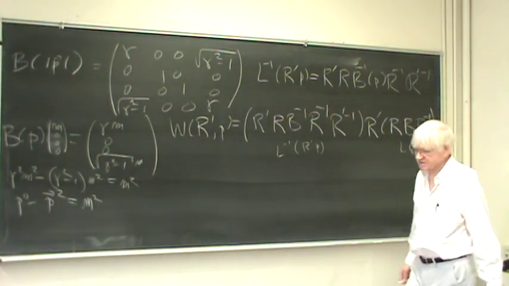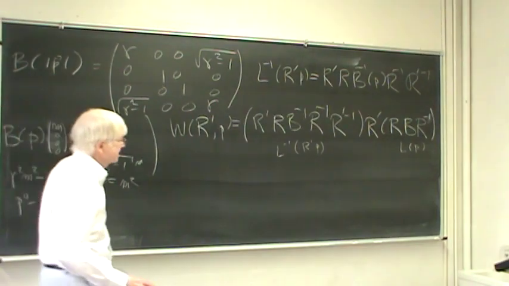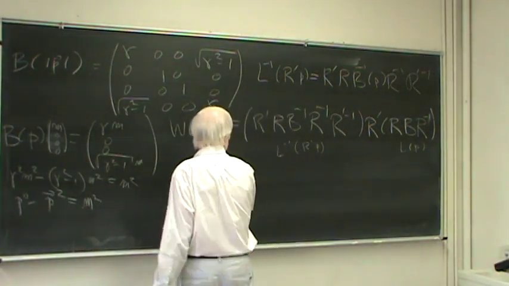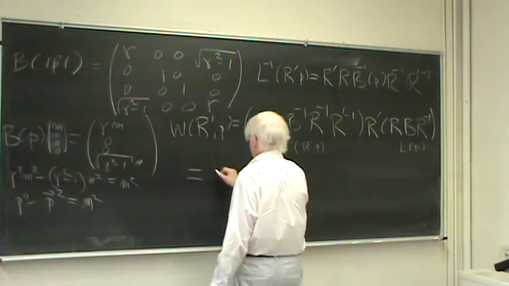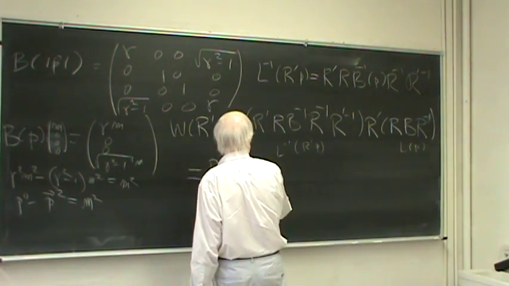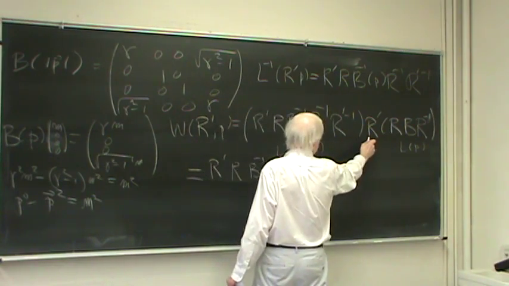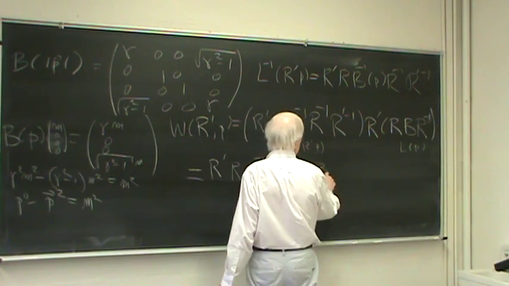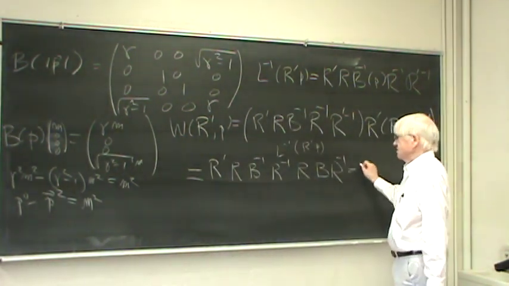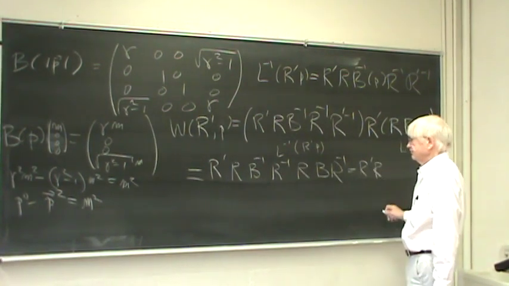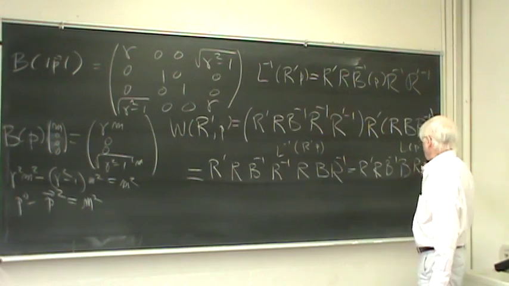But now what we see is a cascade of cancellations. First, these two cancel, and we get R prime R, B inverse, R inverse, which just gives the identity. Then we have R B R inverse. Now these two cancel, and we get R prime R, B inverse B, R inverse.